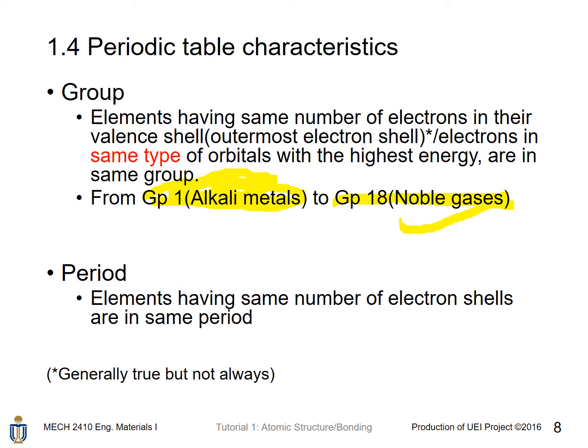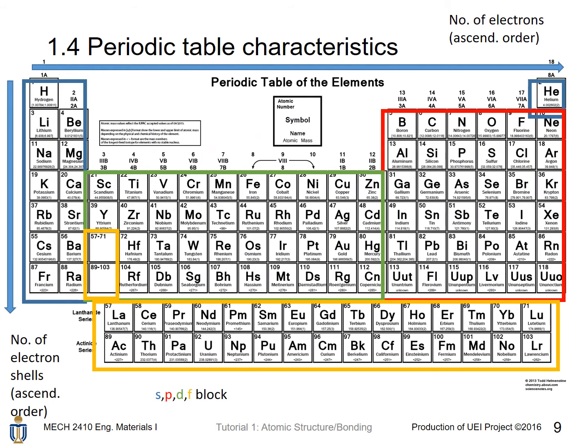Period is basically elements having the same number of electron shells being in the same period. If you still remember, the number of electron shells is equal to n, and n is the principal quantum number. From the leftmost to the rightmost, the electron number increases, because the proton number increases, in ascending order.